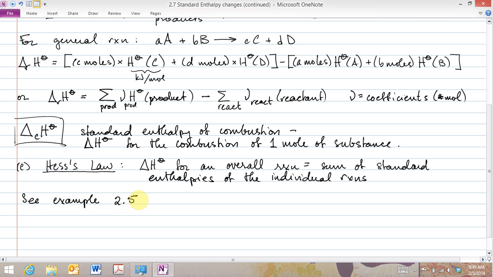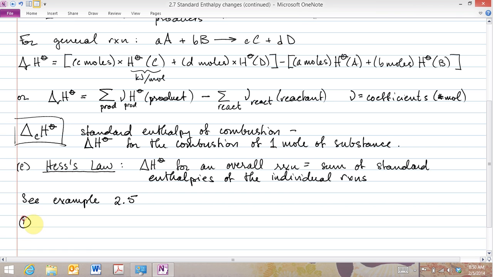The idea is that you can manipulate the equations for all of the individual reactions in such a way that when you add up all the reactions together, they will sum up to the overall reaction. In doing so, in manipulating these reactions, you're going to have to change delta H for all of these reactions along the way. The rules are like this.